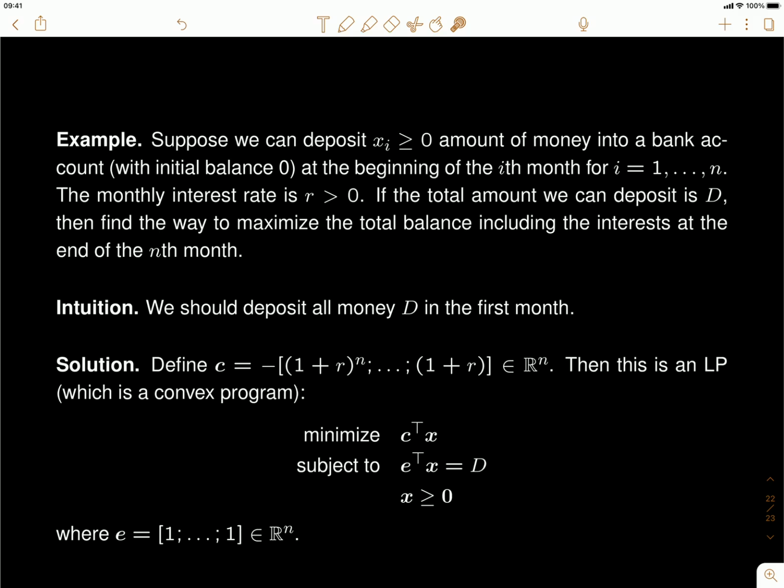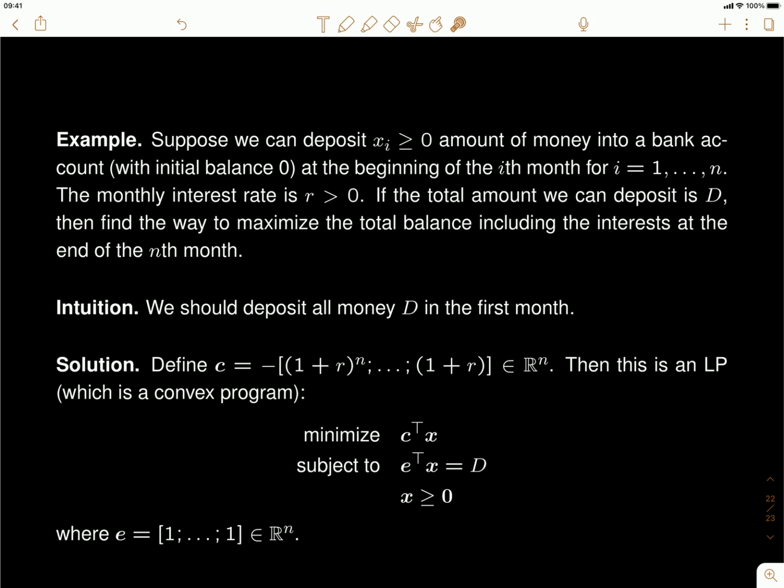Now we have a total amount of money, which is called D, to deposit. But we can decide how much we deposit in each month. And the question is to maximize the total balance, including the interest, at the end.